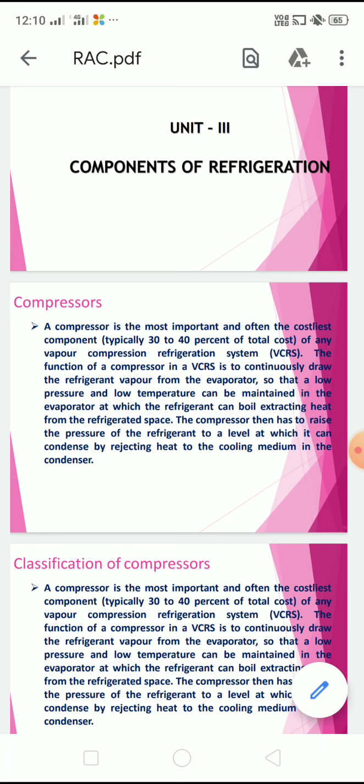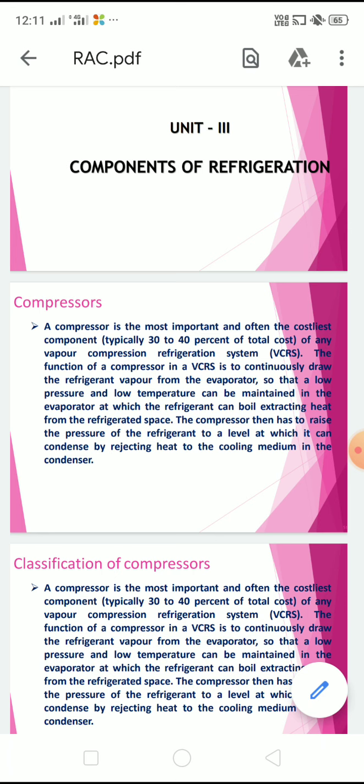Now coming to the compressor. A compressor is the most important and often the costliest component, typically 30 to 40% of total cost of any vapor compression refrigeration system. The function of a compressor in a VCR is to continuously draw the refrigerant vapor from the evaporator so that a low pressure and low temperature can be maintained in the evaporator, at which the refrigerant can boil, extracting heat from the refrigerated space.